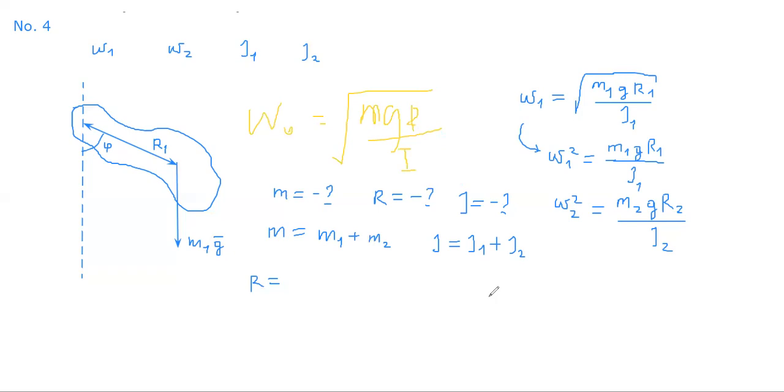I think it will be the distance between the axis of rotation and the center of mass of the big pendulum created of two small ones.